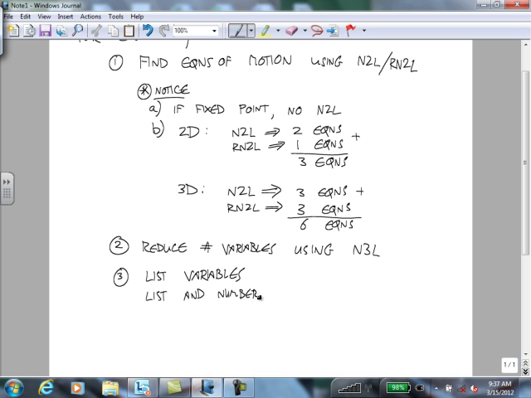Okay, step 4. Count the variables and equations. You can solve if those numbers match. You can't solve if they don't match. So from this, you can figure out how many constraint equations are needed.